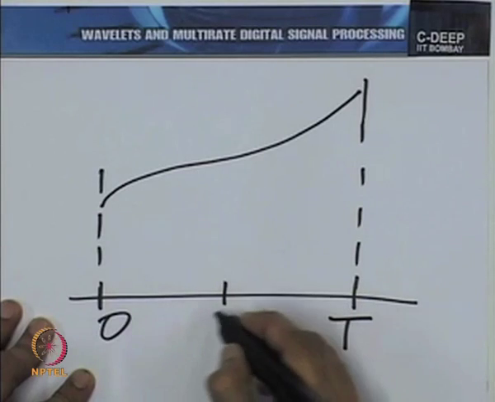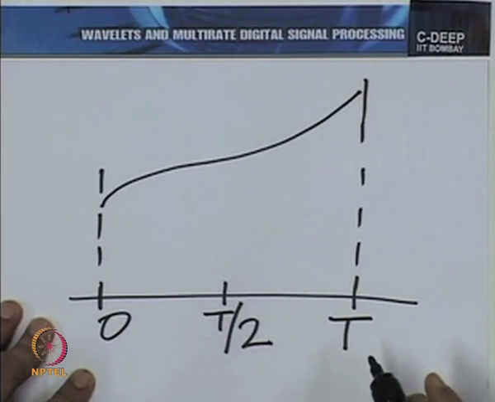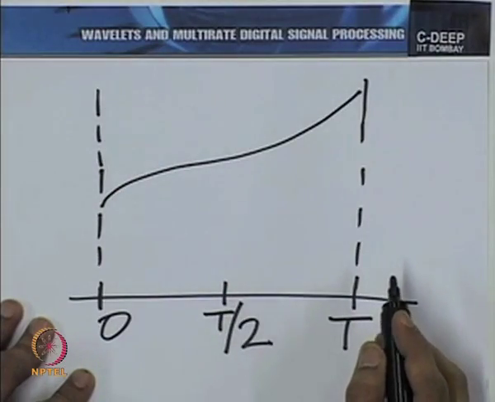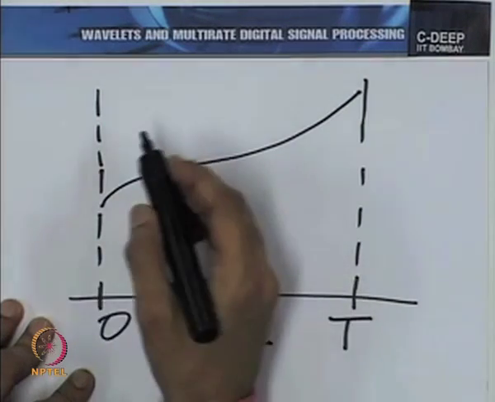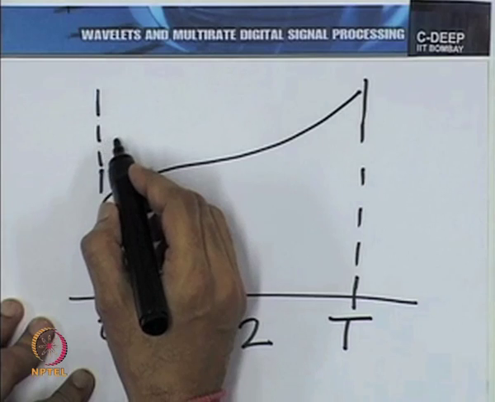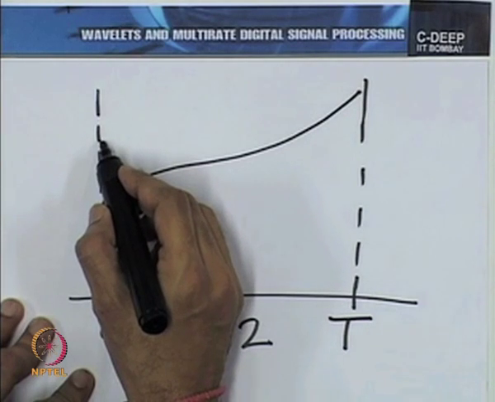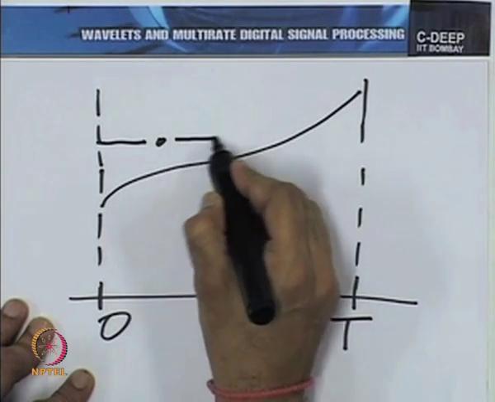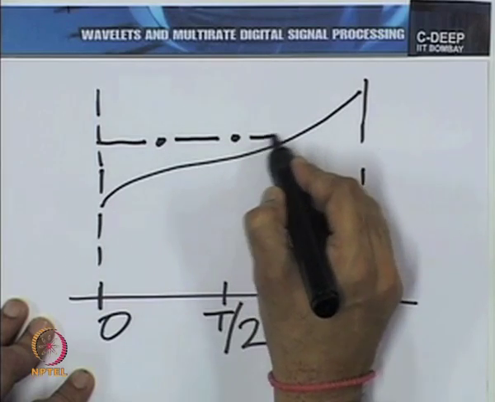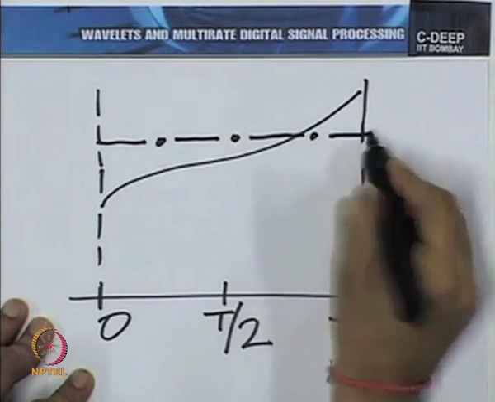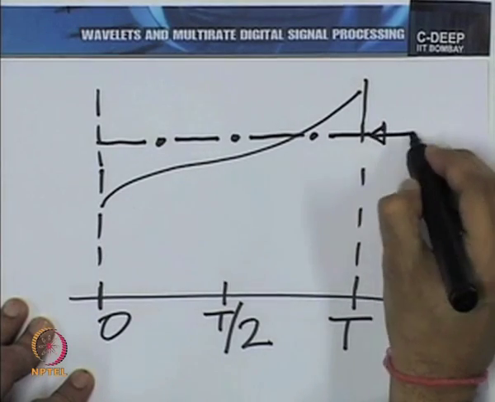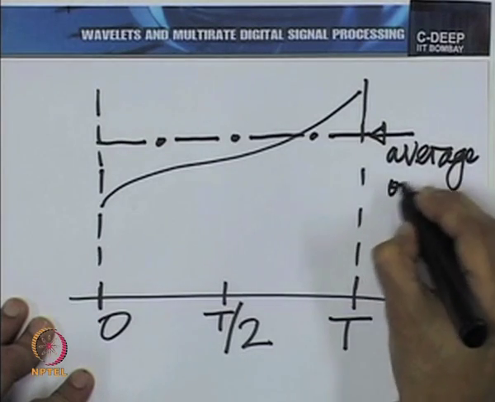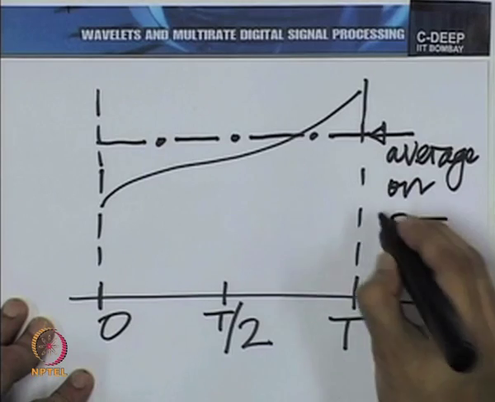Divide this into two subintervals of size t by 2. First, take the piecewise constant approximation on the entire interval of t, and I will show that by a dot and dash line. You can visualize the average would be somewhere here. So, this is the average on the entire interval 0 to t.